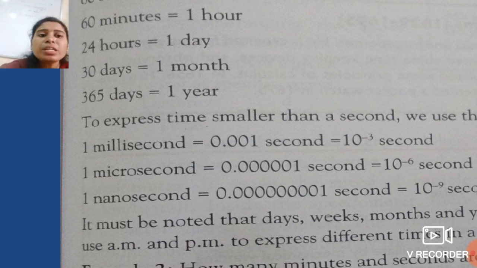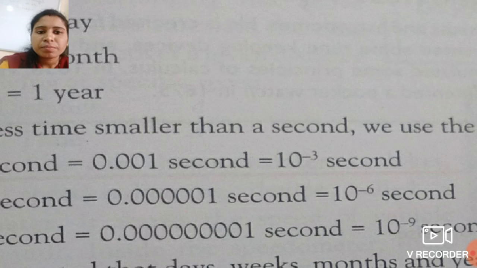See how many zeros are there. First count: 1, 2, 3, 4, 5, 6. There are 6 zeros. So we can write it as 10 raised to minus 6 second, as these zeros come before the 1.